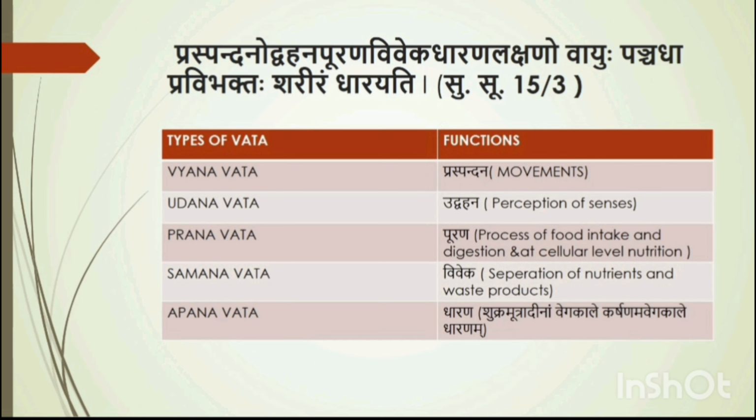And when needed, it helps in its movement also. I hope it's clear. Sushruta has mentioned the five types of Vata as well as their functions. So I have made it in a tabular form. I feel it will be easy for you to remember during your exam, and it will be very attractive also when you write like this. So I hope it's clear for you.